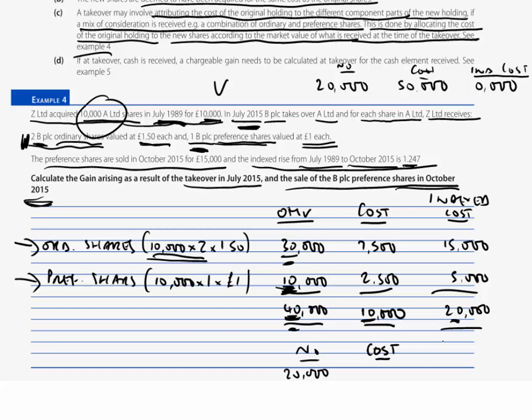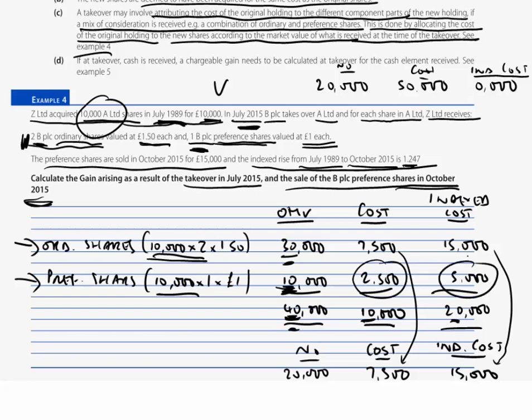And then from the above working, pick up what your cost and index cost figures were. The cost, 7,500, the index cost, 15,000. You would then set up a separate share pool for preference shares where you would have 10,000 shares, and this time those 10,000 shares would have a cost of 2.5 and an index cost of £5,000.